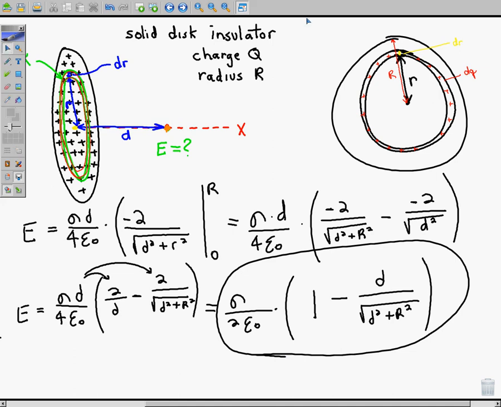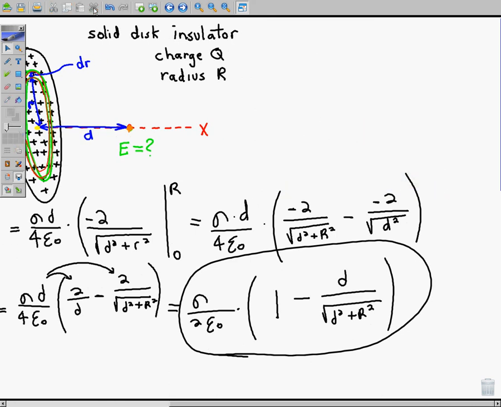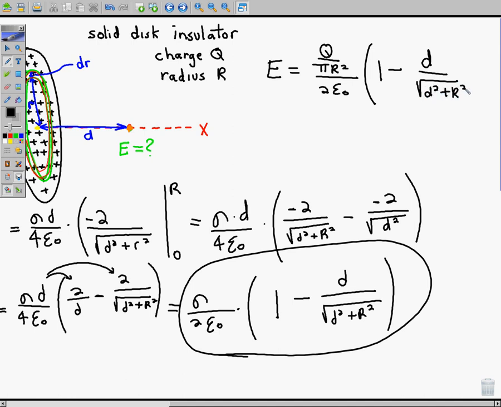Didn't we take that before? Q over pi r squared over 2 epsilon 0 times 1 minus d all over the square root of d squared plus r squared.